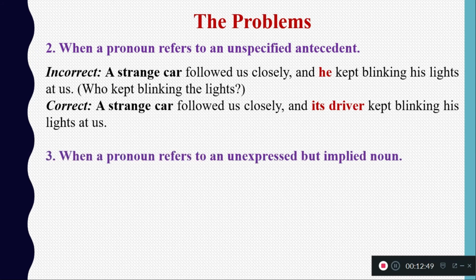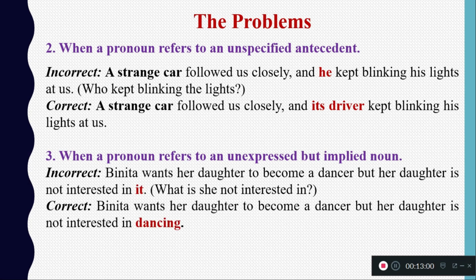Thirdly, you may be in difficulty when a pronoun refers to an unexpressed but implied noun. For example, "Binita wants her daughter to be a dancer, but her daughter is not interested in it." Here, what she is not interested in is a question.